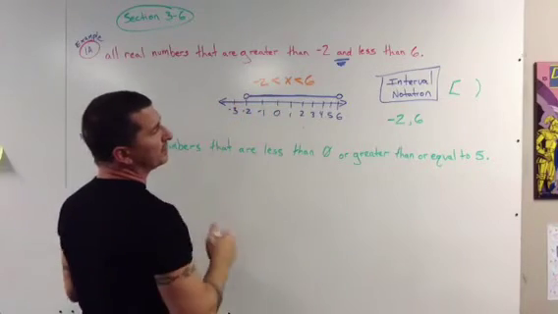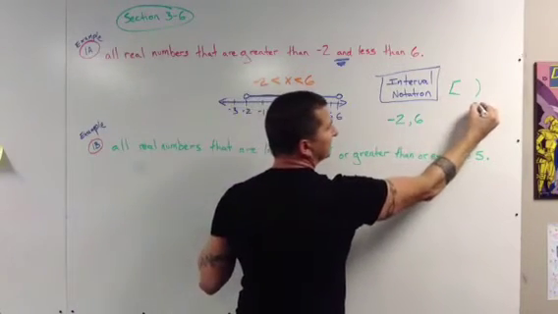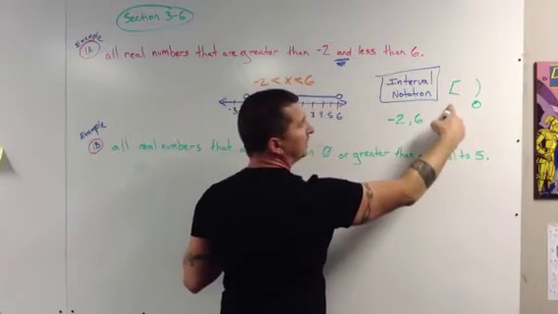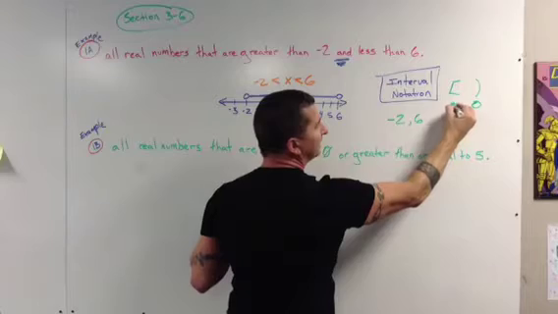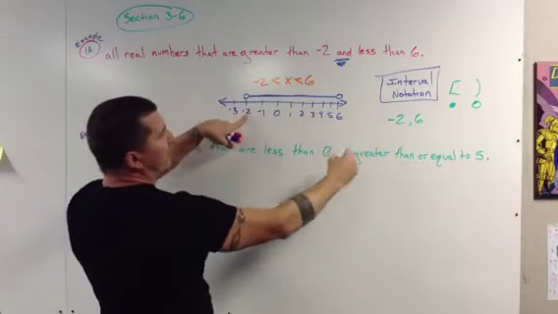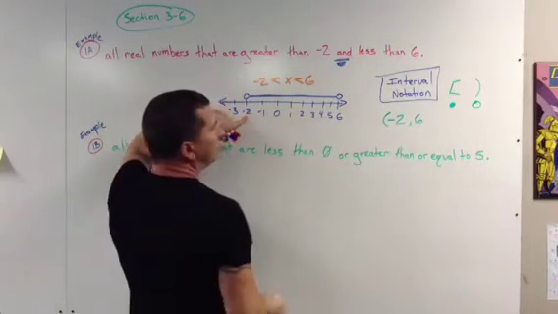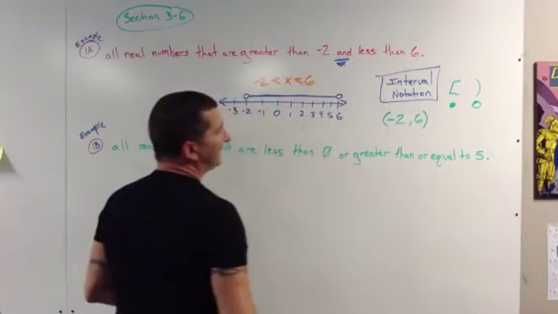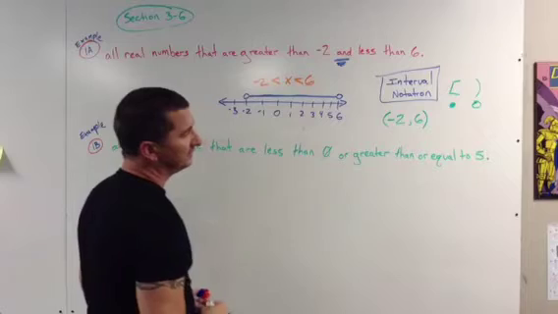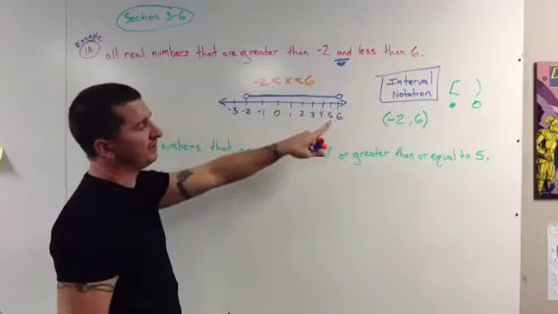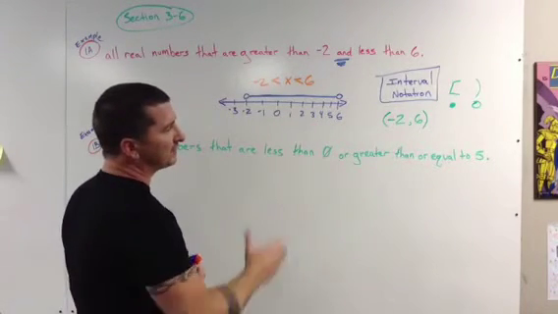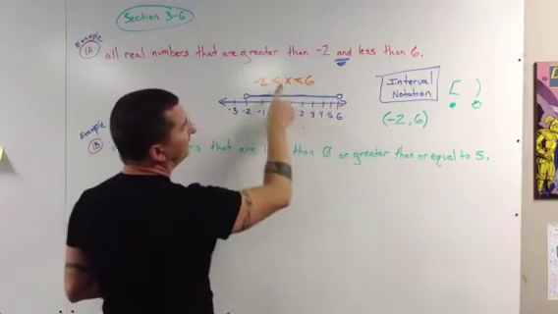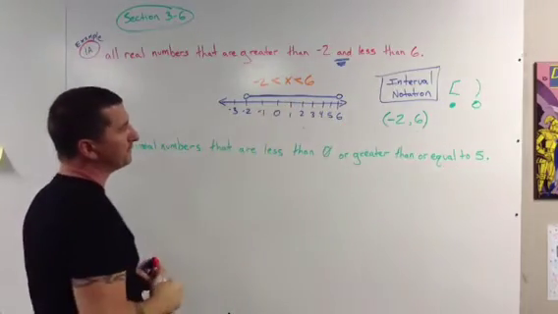If it's an open circle, you use the parentheses. If it's a closed circle, use the bracket. So with the -2, it's an open circle, so I'm going to put a parenthesis there. The 6 is also an open circle, so I'm putting a parenthesis there. And that's the interval notation. Don't get that confused with graphs on a coordinate plane. This is interval notation, just another way to say this here.